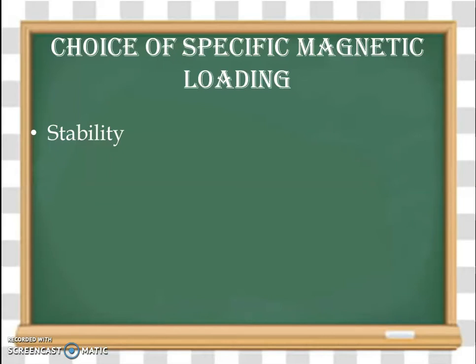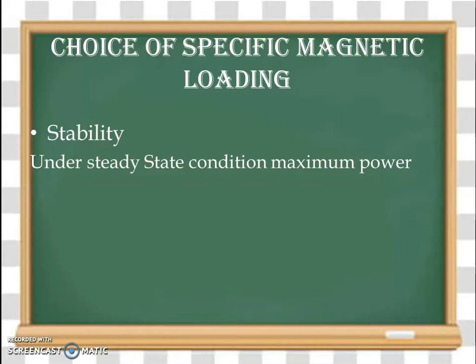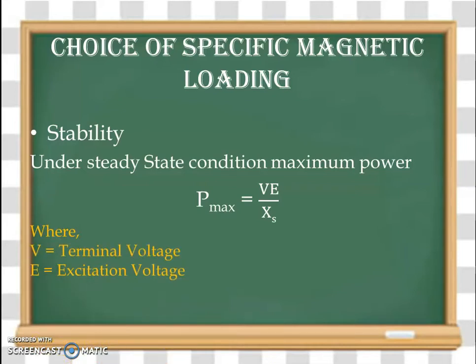So our next point is stability. Before we go further, in case of stability, let us understand that under steady state condition, maximum power, that is Pmax, is equal to the product of V and E divided by XS, where V is terminal voltage, E is excitation voltage, and XS is synchronous reactance.